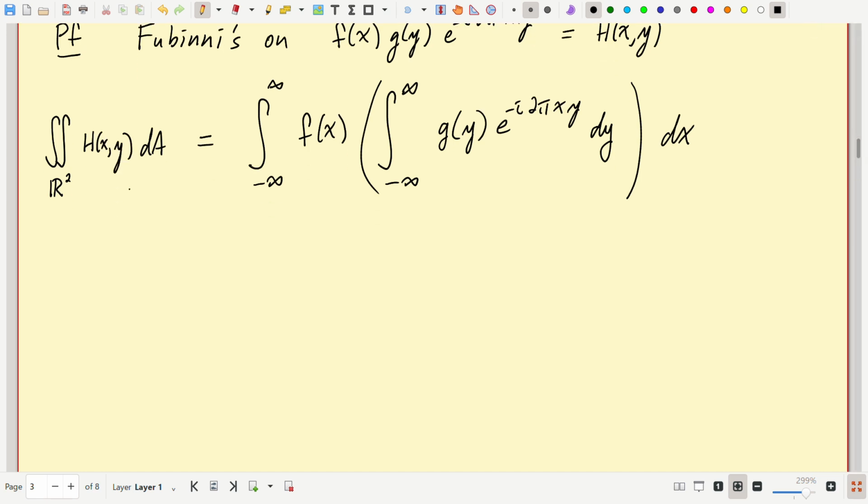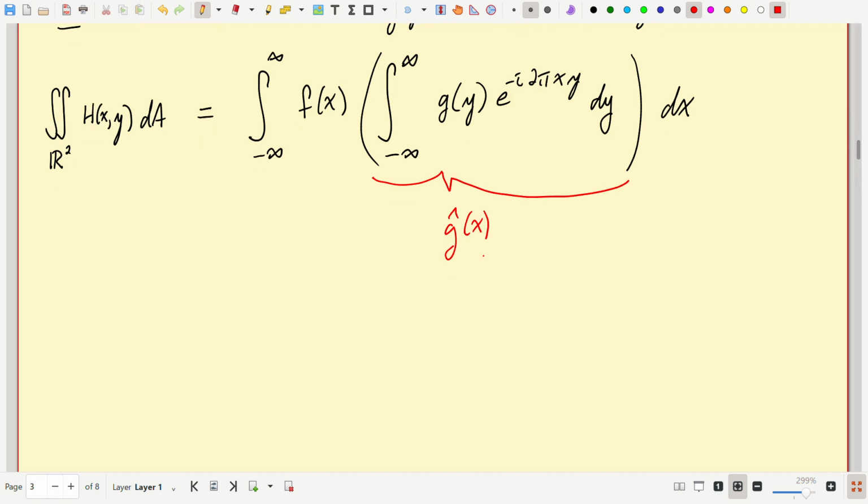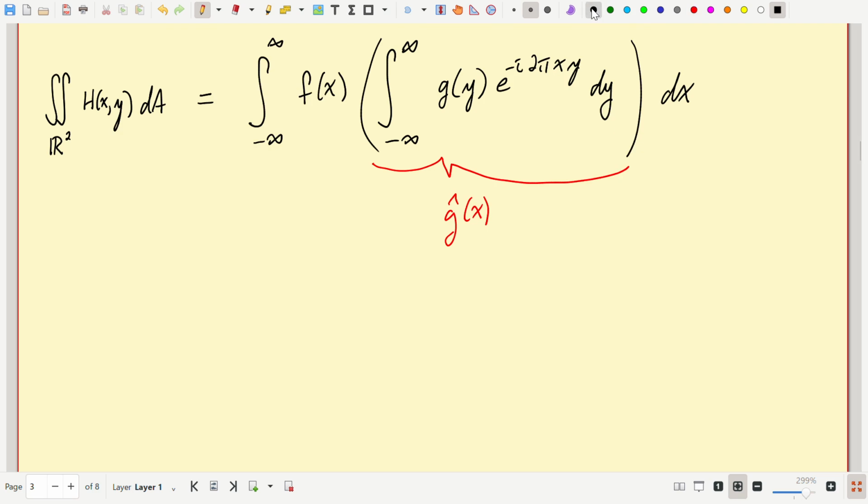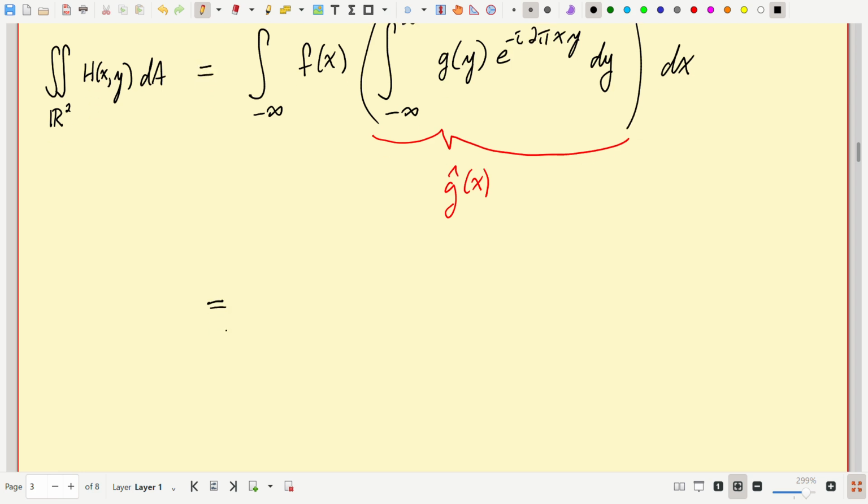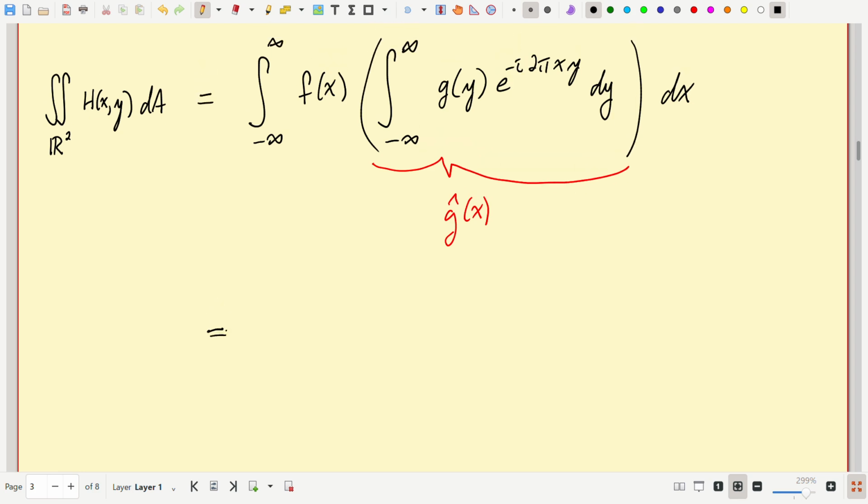When you look at that in the middle there, this is the Fourier transform of g evaluated at x. So that's the first integral I want to see. But now when I do Fubini's theorem, which I can do because these things die away at infinity so fast, Stein gives the details of why that's the case in his appendix. But it's kind of routine and not the main point that I want to dwell on here today. Okay, so let's see. When I change the order, first I'd integrate in the y variable, minus infinity to infinity.